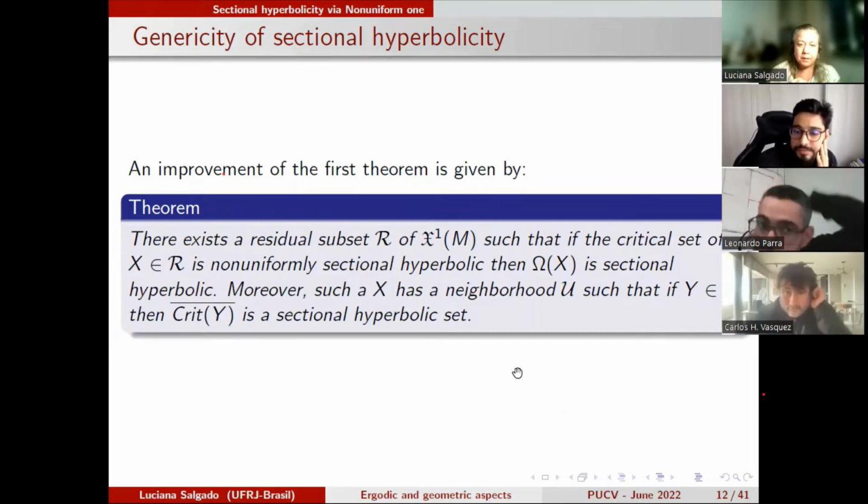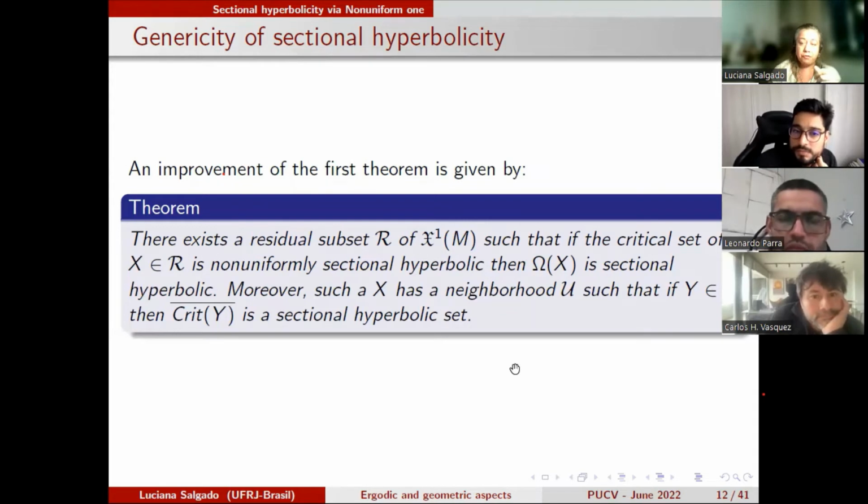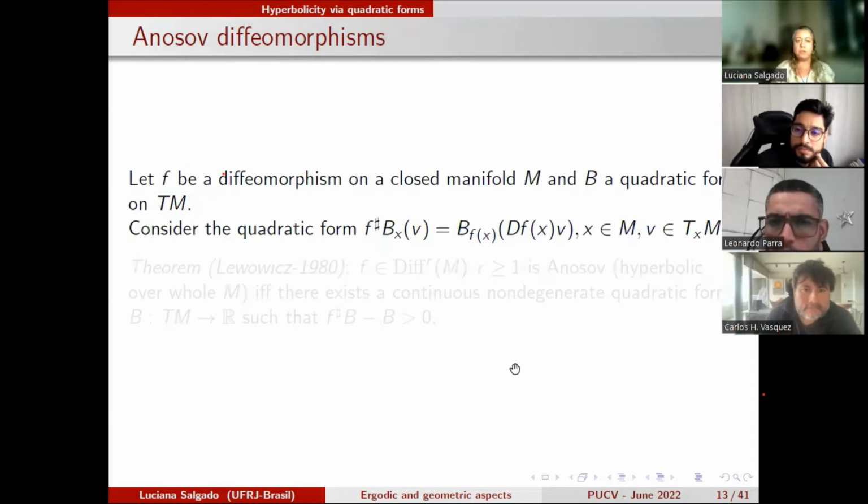So I'm going to change now to the case of bisectional hyperbolicity. It is more recent, but I would like to bring it to you because all of these kinds of hyperbolicity are related to each other. My motivation to use quadratic forms to characterize many kinds of hyperbolicity is based on the work of Lewowicz and Wojtkowski.